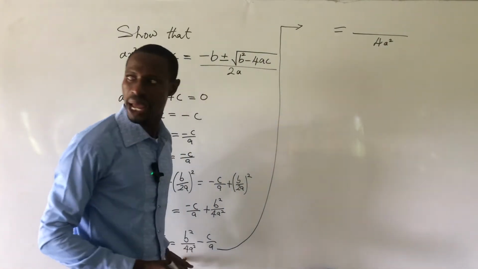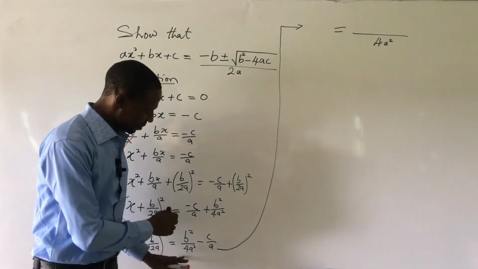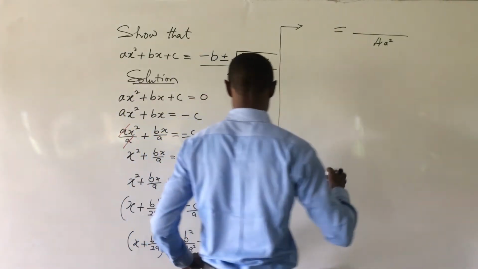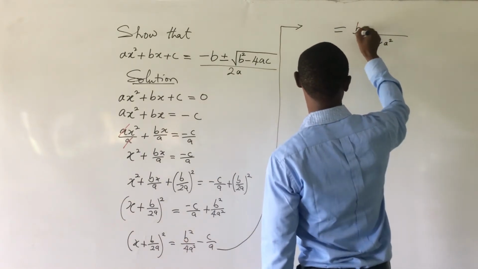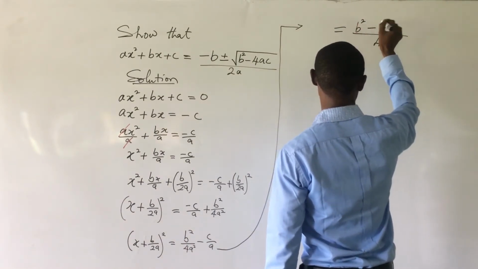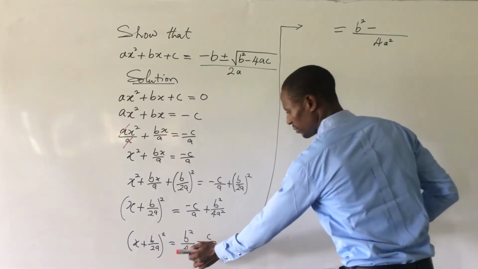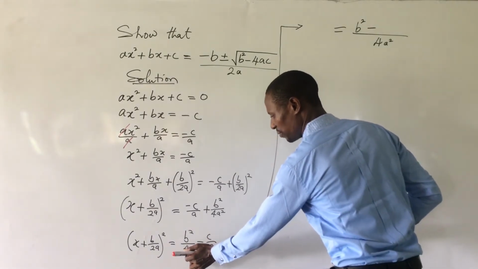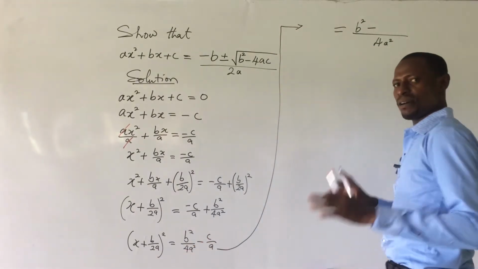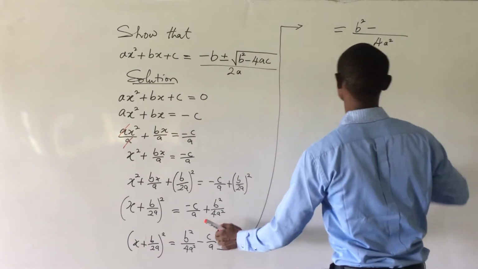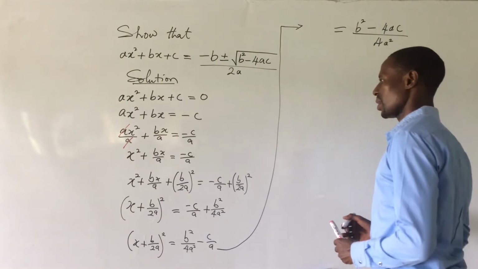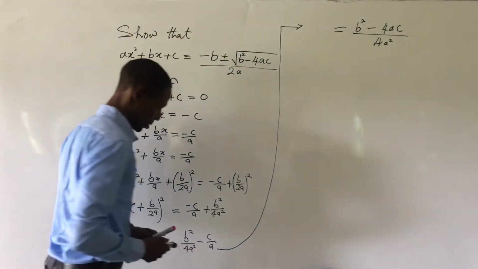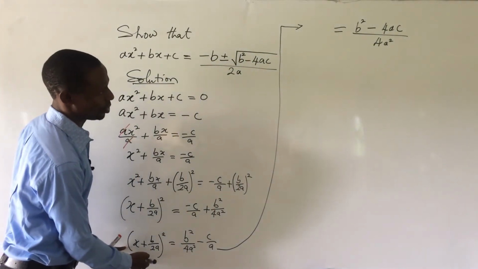So 4a squared divided by 4a squared will give us 1. 1 times 4b will give us b squared minus a into 4a squared will give us 4a times c will give us 4ac.